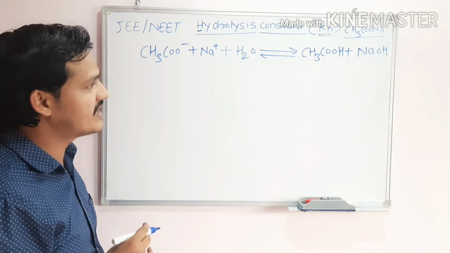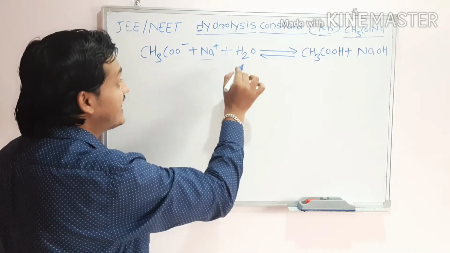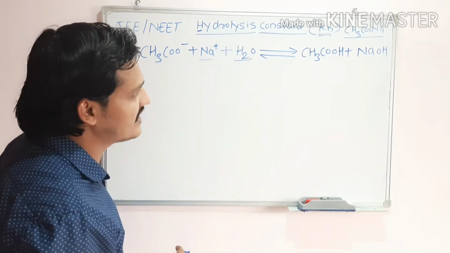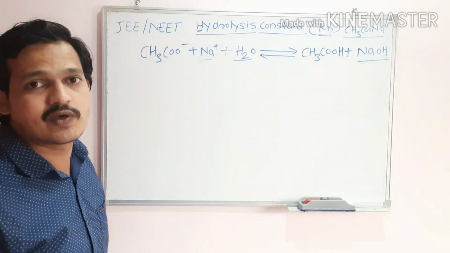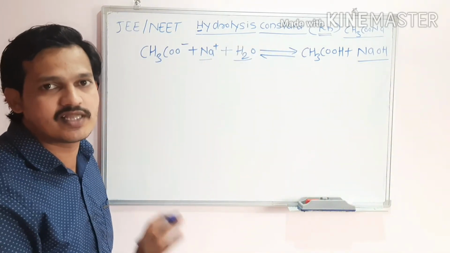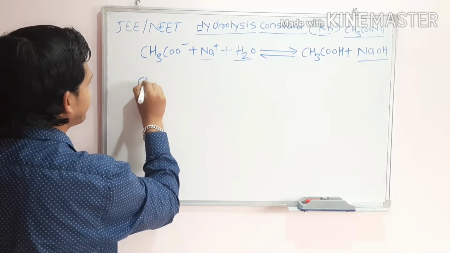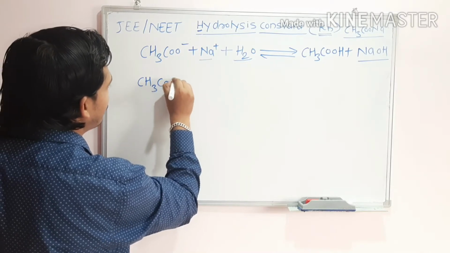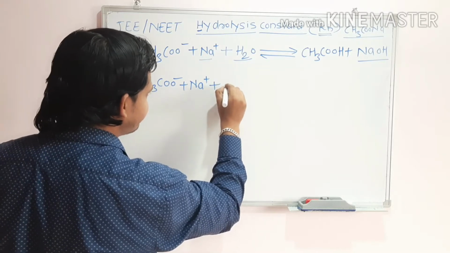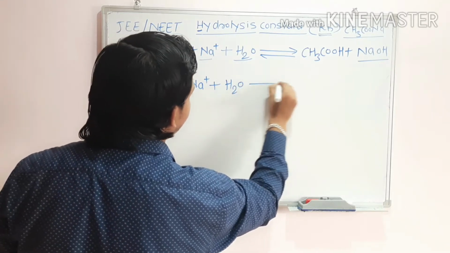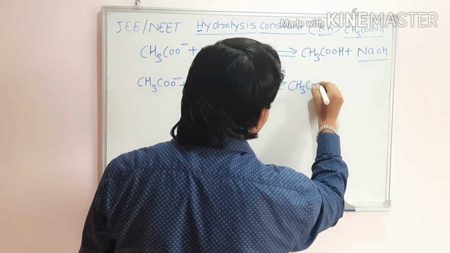But point to be noted that the Na plus ions do not have the tendency to combine with OH minus ion, because the possible product is NaOH. I told you that a strong electrolyte cannot be formed from anything, it will remain in ionic form. So our next equation will be CH3COO minus plus Na plus plus water, which gives acetic acid, because it is a weak acid.